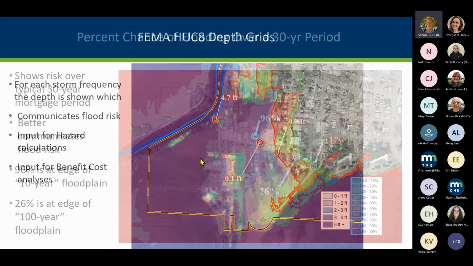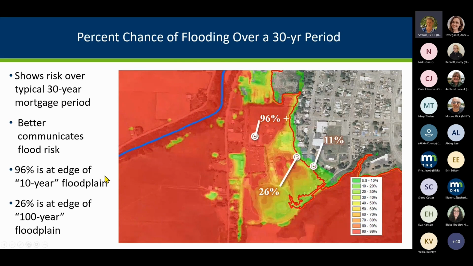Or another way to look at this is a version of the same area, but looking at a 30-year period, because your typical mortgage is over a 30-year period. And that helps people to look at it from a little bit broader perspective of, okay, yeah, I've got a 1% chance every year, but if I'm on the very edge of the 100-year floodplain, just barely in the 100-year floodplain, I've got a 26% chance of being flooded over a 30-year period.